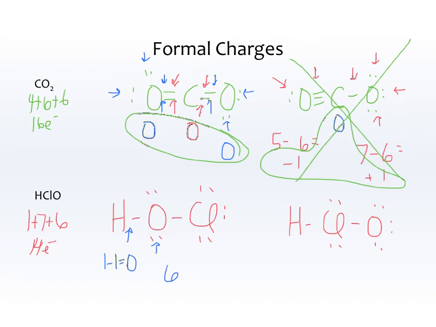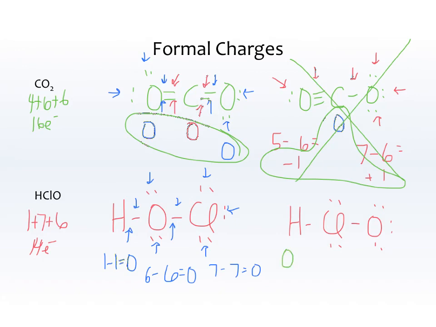We have here 2, 3, 4, 5, 6. Oxygen has a formal charge of 0. Chlorine is supposed to have 7 because it has 7 valence electrons. We here have 2, 4, 6, 7. Chlorine has a formal charge of 0. Everybody's great.